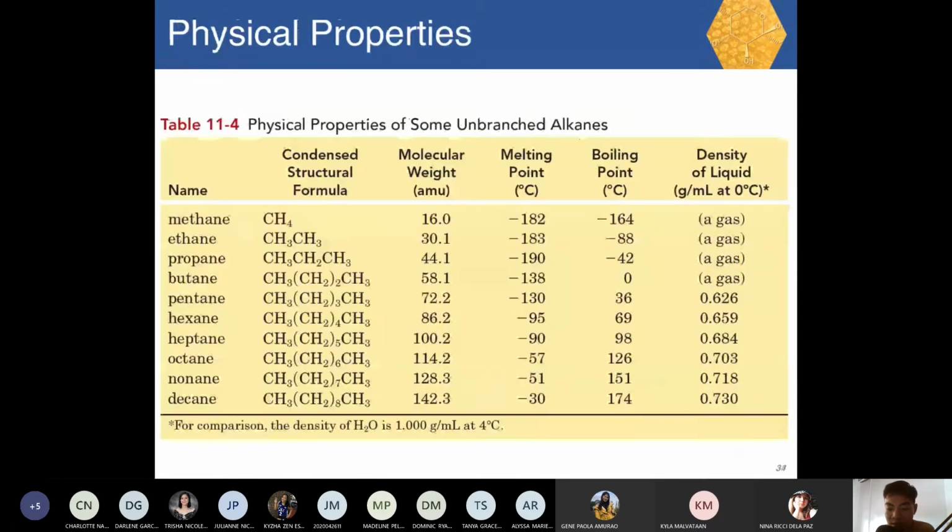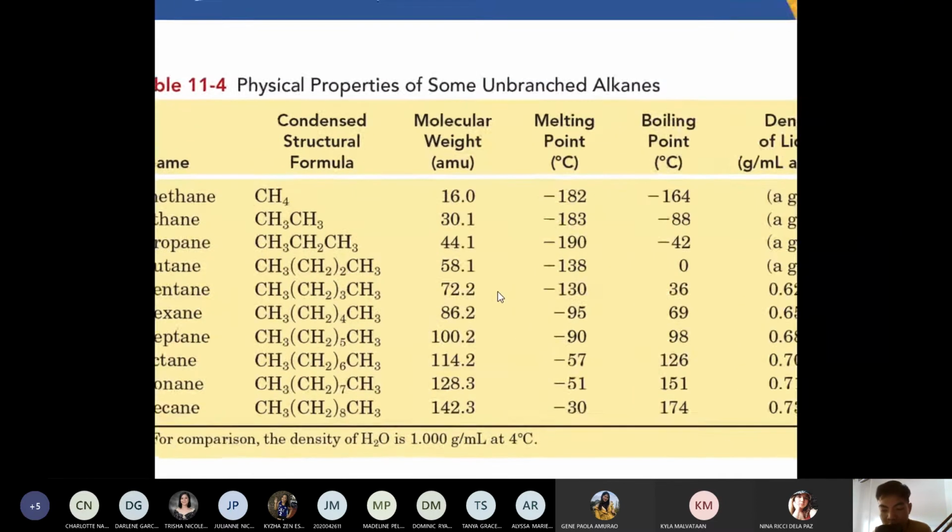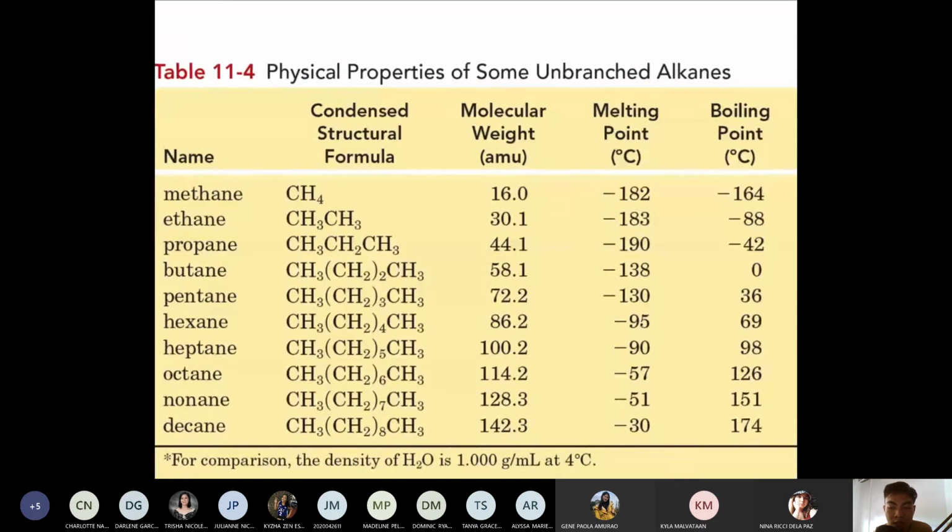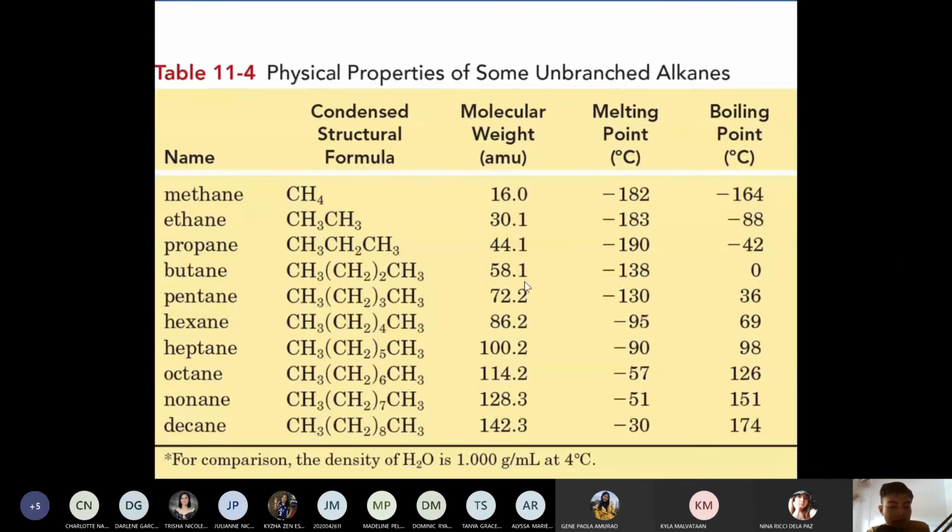So let's have this for example. So this is our alkanes, no? Ito yung kanilang atomic masses, and ito yung kanilang melting and boiling point, as well as their density. Okay, so let's observe, no? According to the London dispersion forces, the higher the number of electrons, the higher the number of atoms, that means your molecule will have more tendency for it to be temporary dipole.